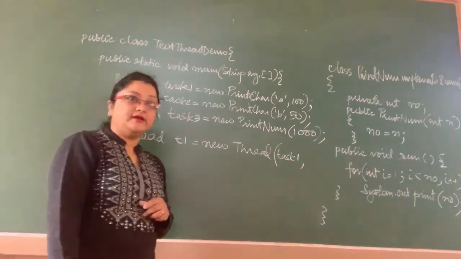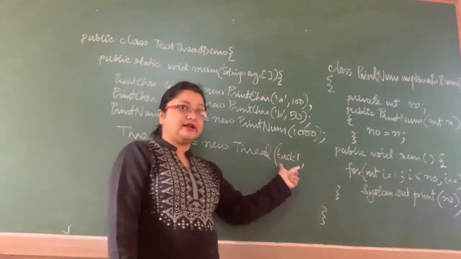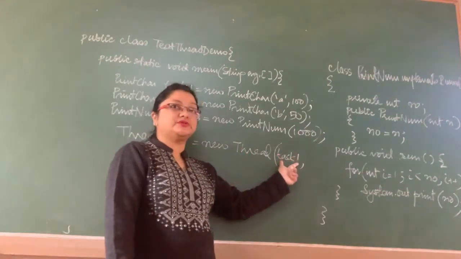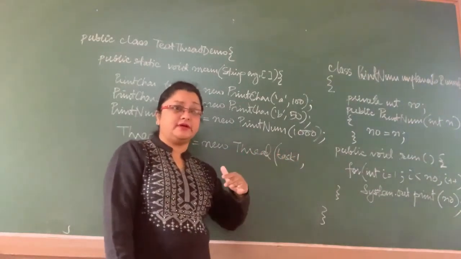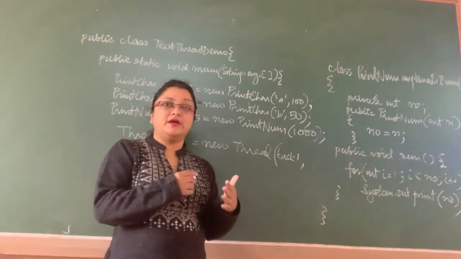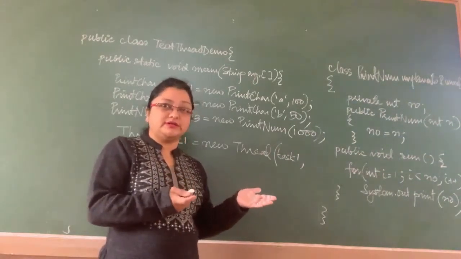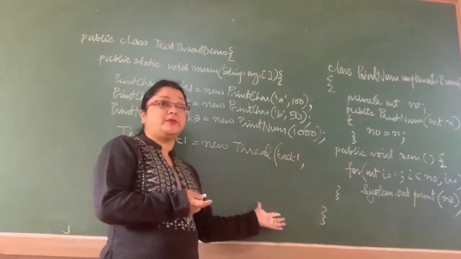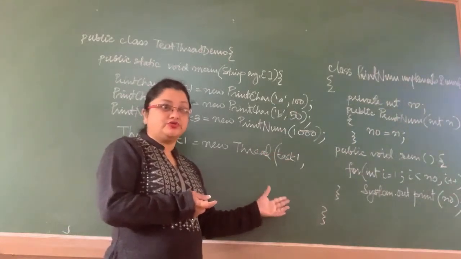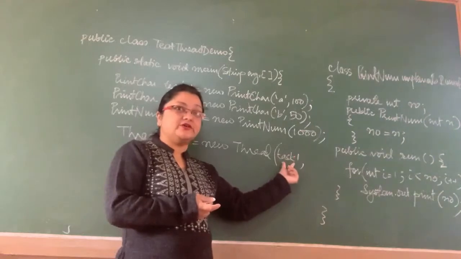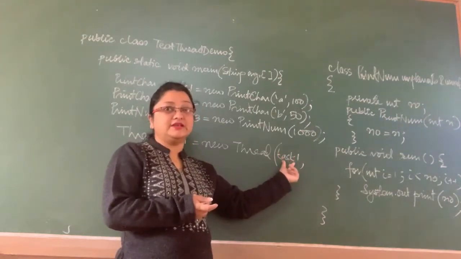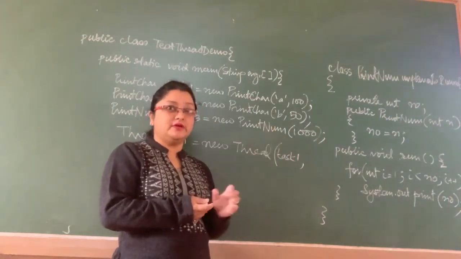The first argument that we give to the constructor of the Thread class is the task object. The constructor of the Thread class is overloaded, so you have many different formats. One of them takes as its first argument an object of a class which implements the Runnable interface.